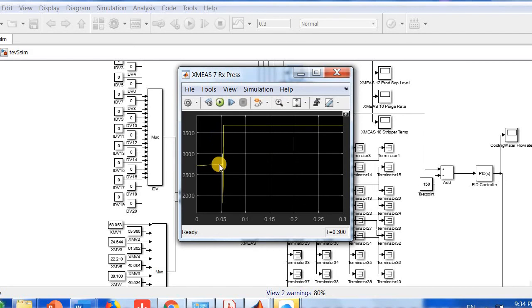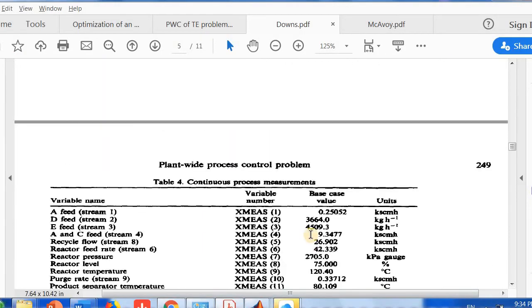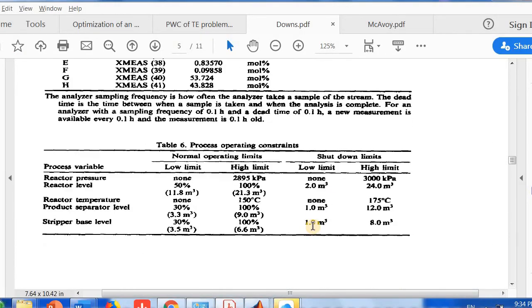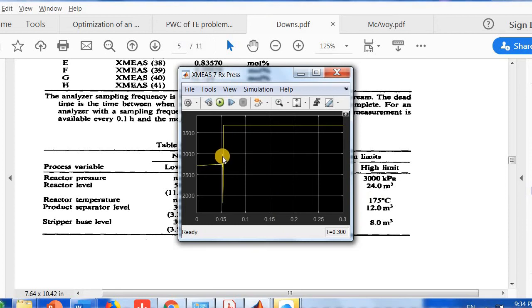It was the pressure that made it shoot out. It went over 3,700. And if you go back and look at the shutdown limits of the pressure, that is the reactor pressure, 3,000. It went over 3,000, definitely. It went over 3,500, and that's why it just shut down.